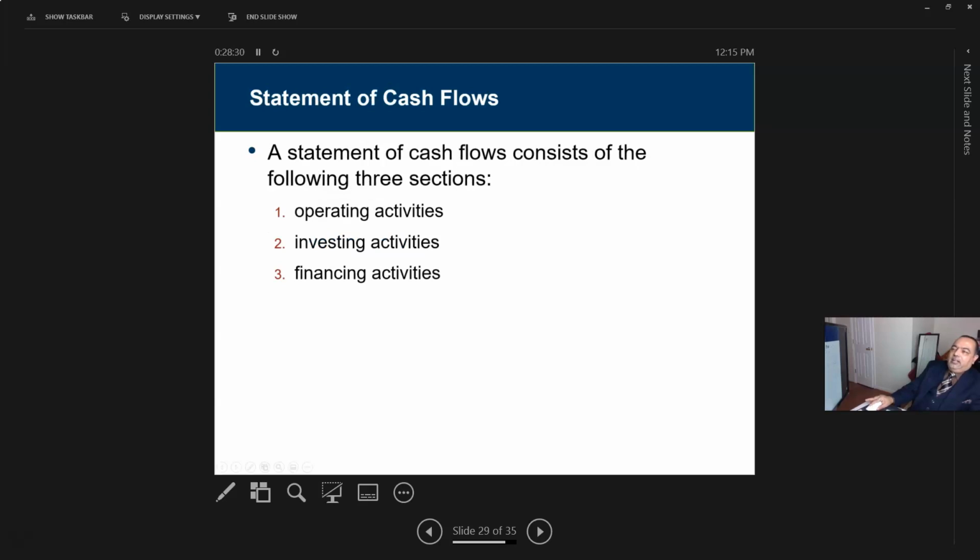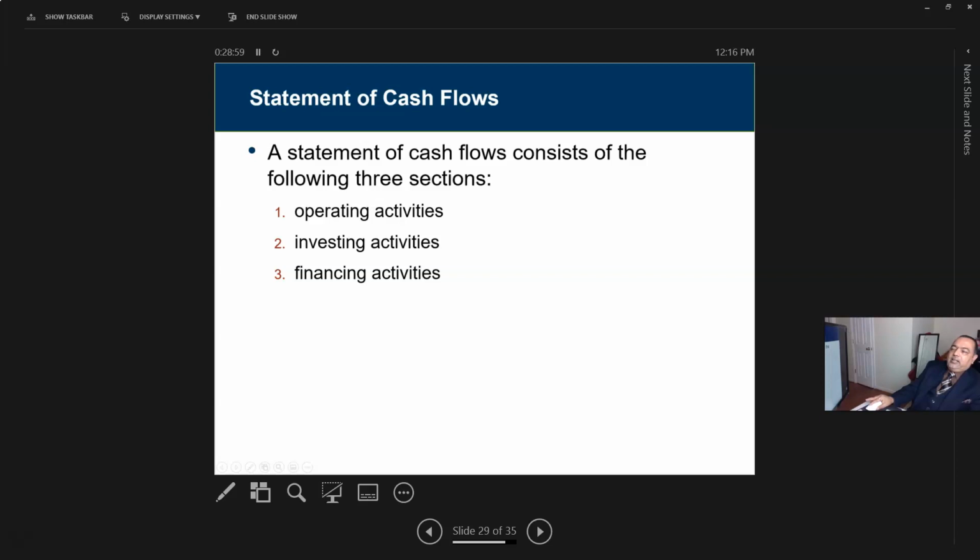And then the last financial statement we'll be talking about is the statement of cash flows. It consists of three sections. Operating activities are the backbone activities of any organization. All activities that are carried on a day-to-day basis are called operating. And if you don't have positive operating activities, then it will impact the other activities.